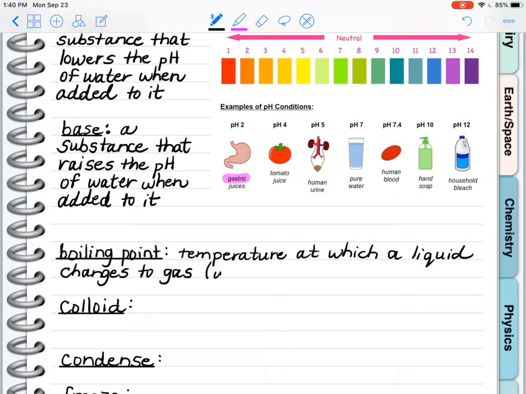For water, which remember is pH neutral, this is 212 degrees Fahrenheit or 100 degrees Celsius. If you are familiar with the Celsius scale, I'll try to give you both of those so you can know how they equate.